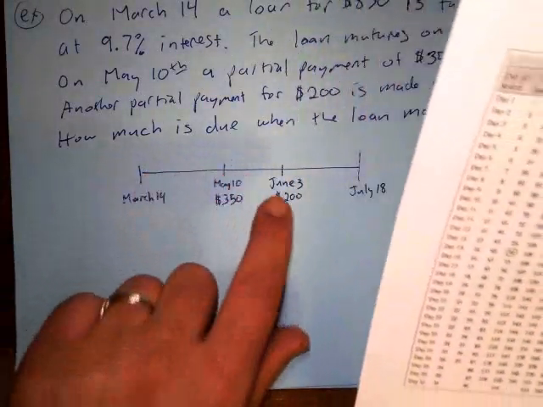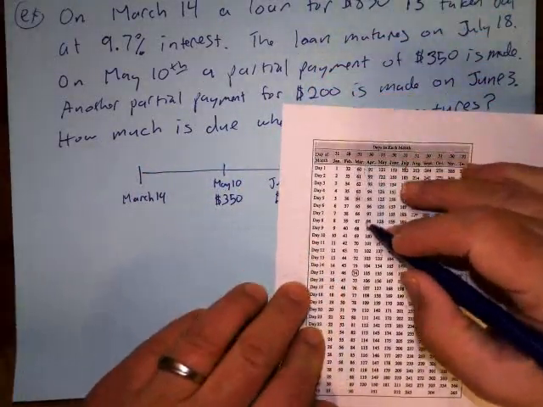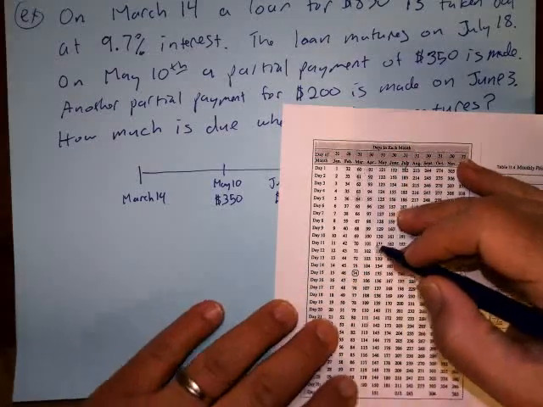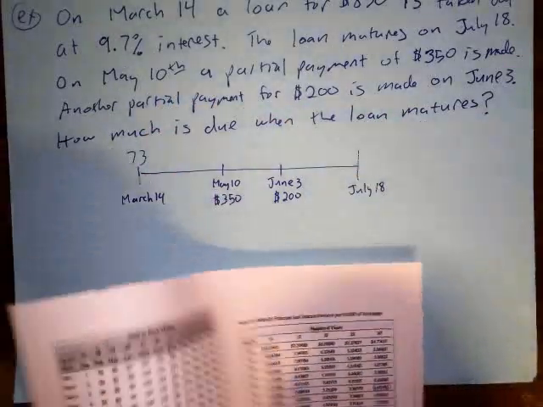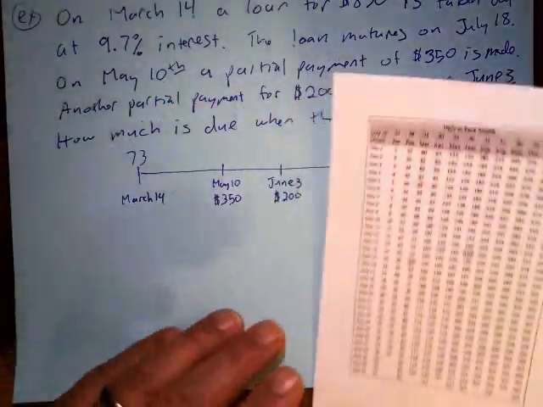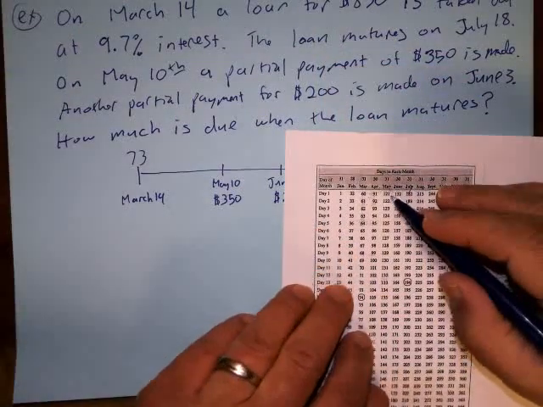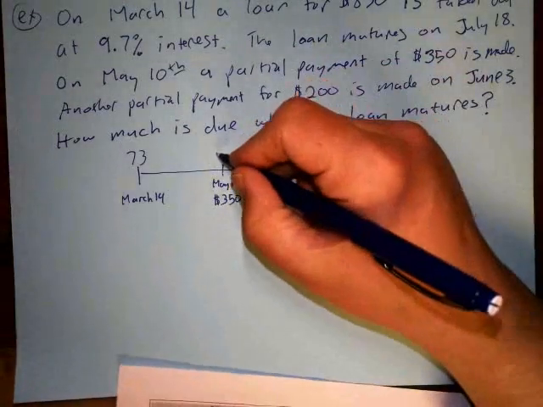Okay, so first we need to find the day of the year for each of these. So March 14th is the 73rd day of the year. May 10th is the 130th day of the year.